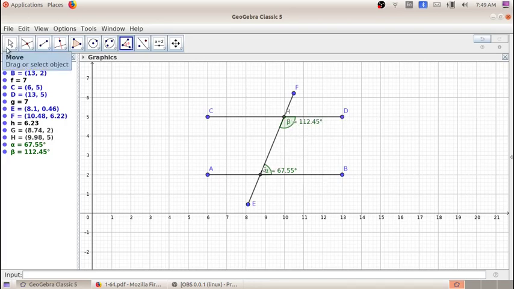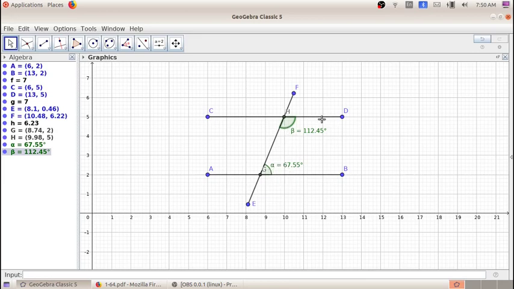These two angles, let me show you clearly by moving. Yes, these two angles are known as co-interior angles.